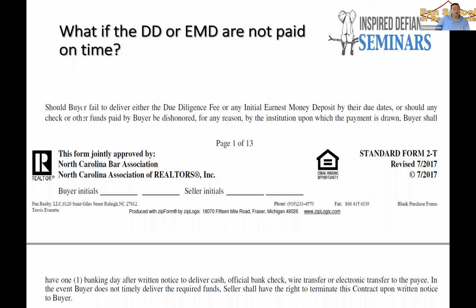That way, I've already made written demand, so they have to get it to us within one banking day. They are on the ride, but the train's not starting until you pay me my due diligence money. We're under contract, but you haven't paid to be under contract until you pay the due diligence money.